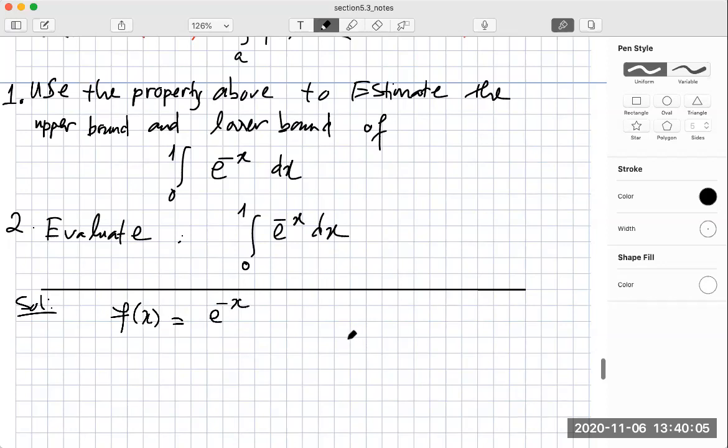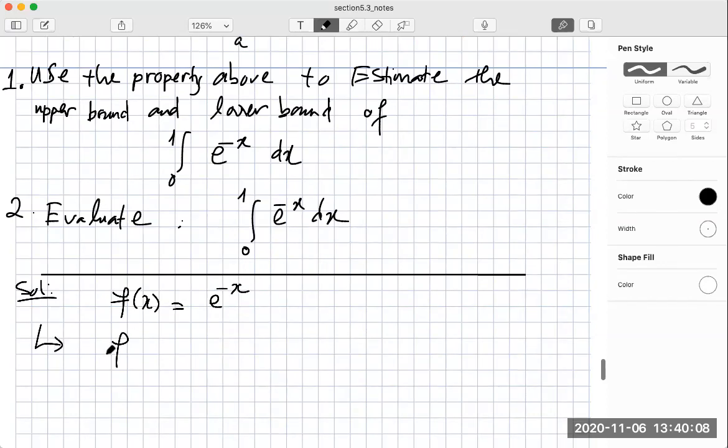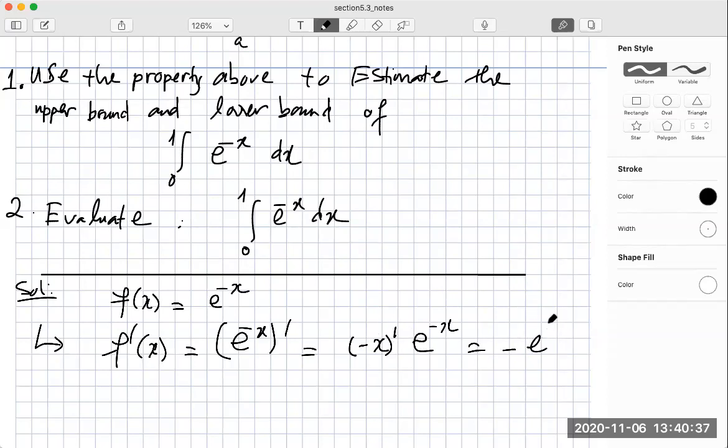Then the first derivative, what is it? Very good. From the chain rule, it would be the derivative of negative x times e to the negative x. So the derivative of negative x gives us negative e to the negative x.